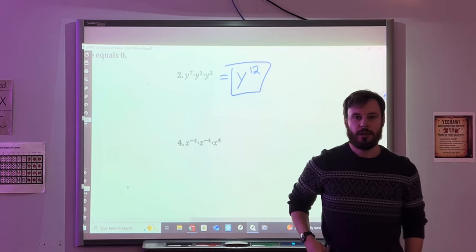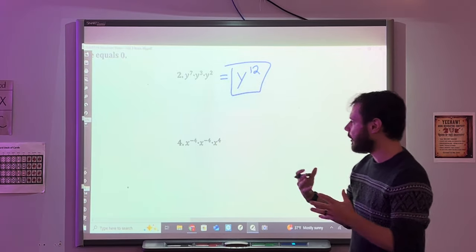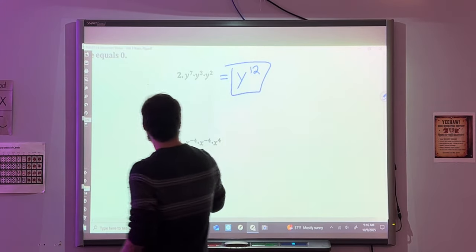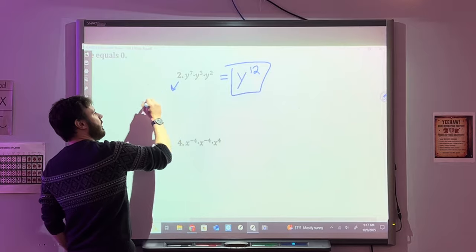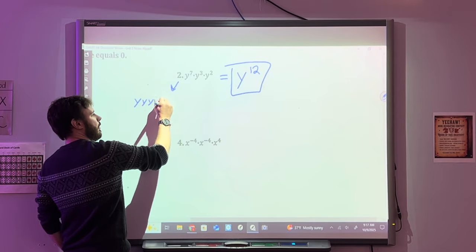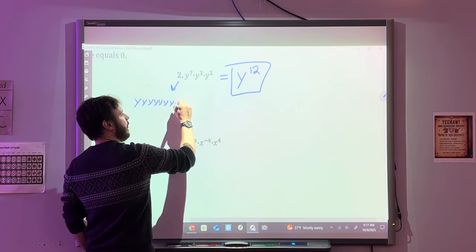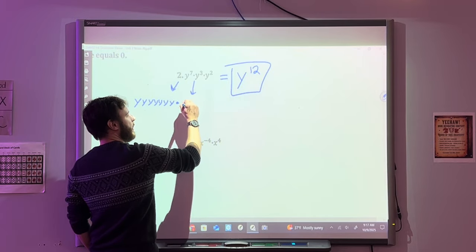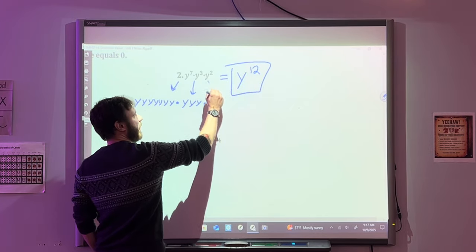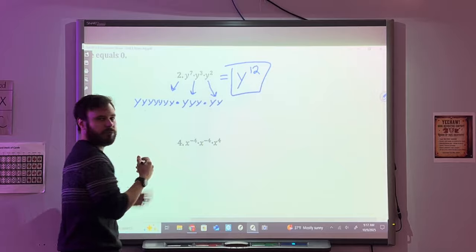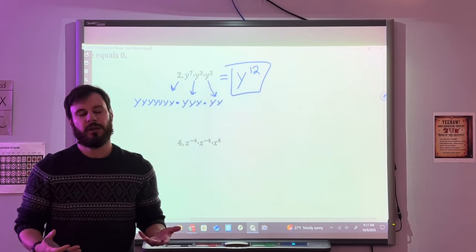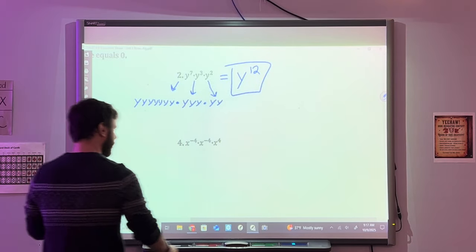So it's 12. If you wanted to really understand, this would be 7 y's, multiplied by 3 y's, multiplied by 2 y's. Count up how many y's you have. You got 12.